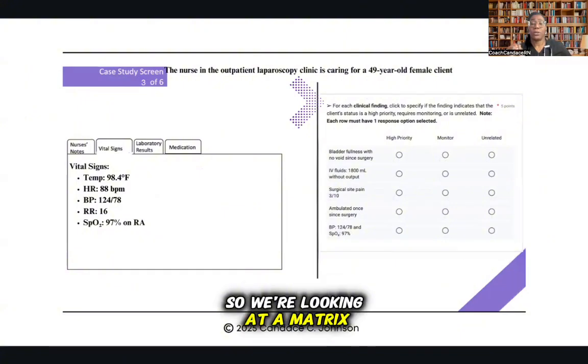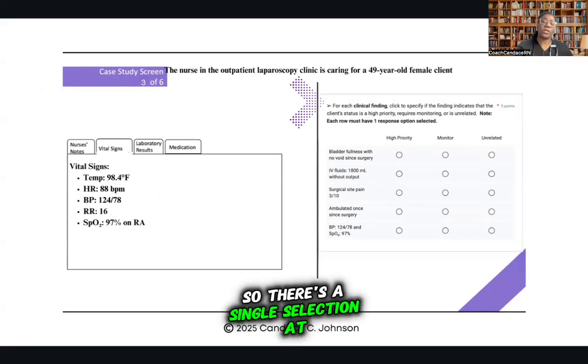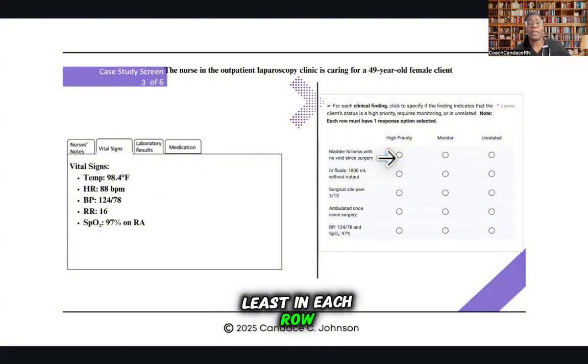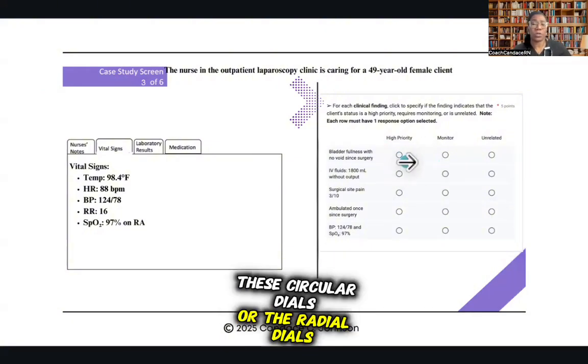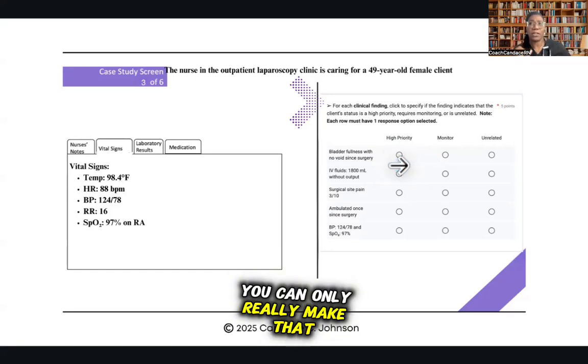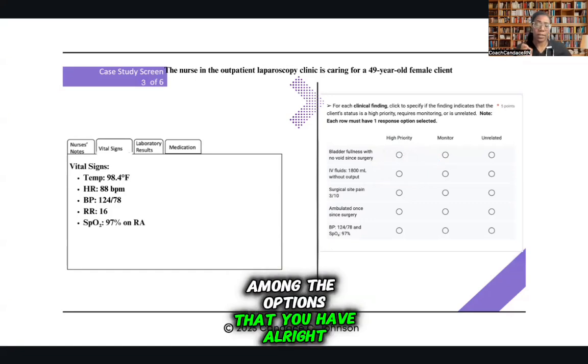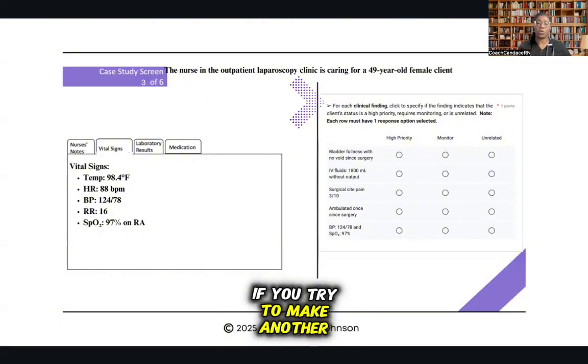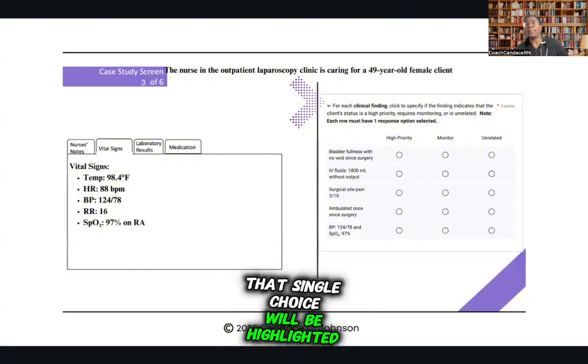We're looking at a matrix multiple choice grid, or a multiple choice matrix. There's a single selection in each row. Whenever you see these radial dials, you can only make a single choice among the options. If you try to make another choice in that same row, that single choice will be highlighted.